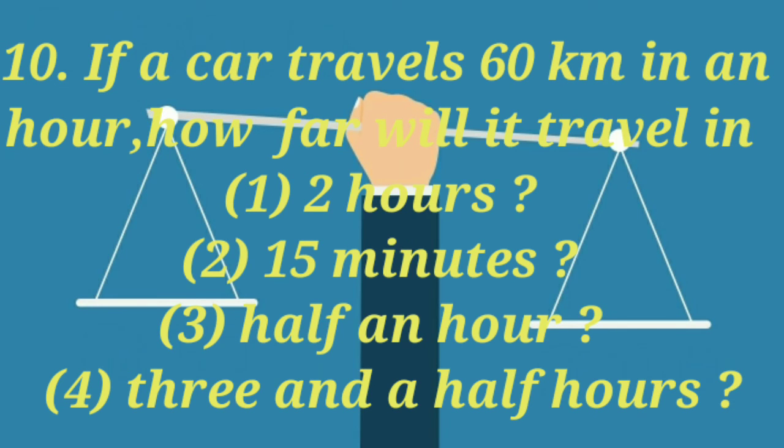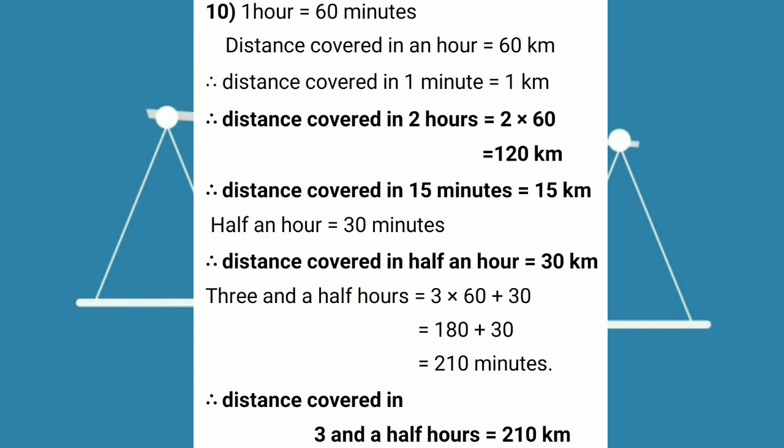Question 10. If a car travels 60 kilometer in an hour, how far will it travel in 2 hours, 15 minutes, half an hour and 3.5 hours? Now the only information the question provides us with is that the car covers a distance of 60 kilometer in 1 hour, that is 60 minutes.